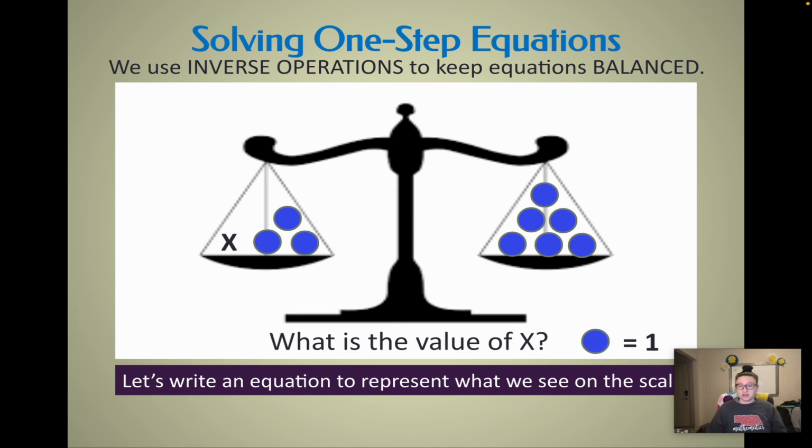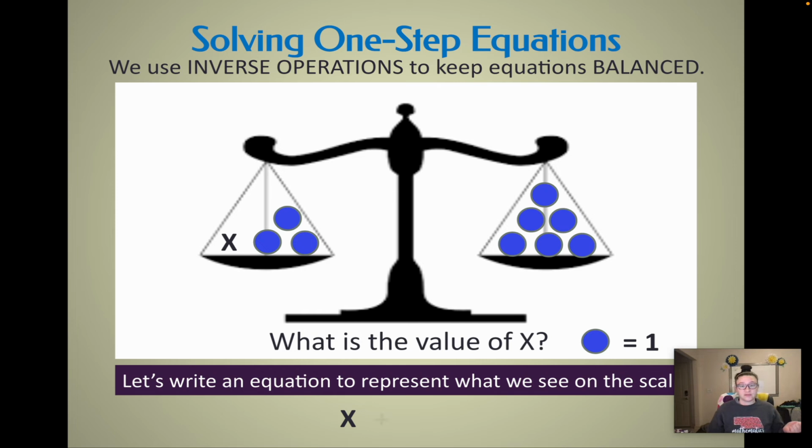Let's write an equation to represent what we see on the scale. This is something you're going to have to do on your SOL. Take the pictures and turn it into some math. So here we see on the left side, we have an X and 3 circles, which again, each of those circles represents 1. And then on the right side, we have 6 circles.